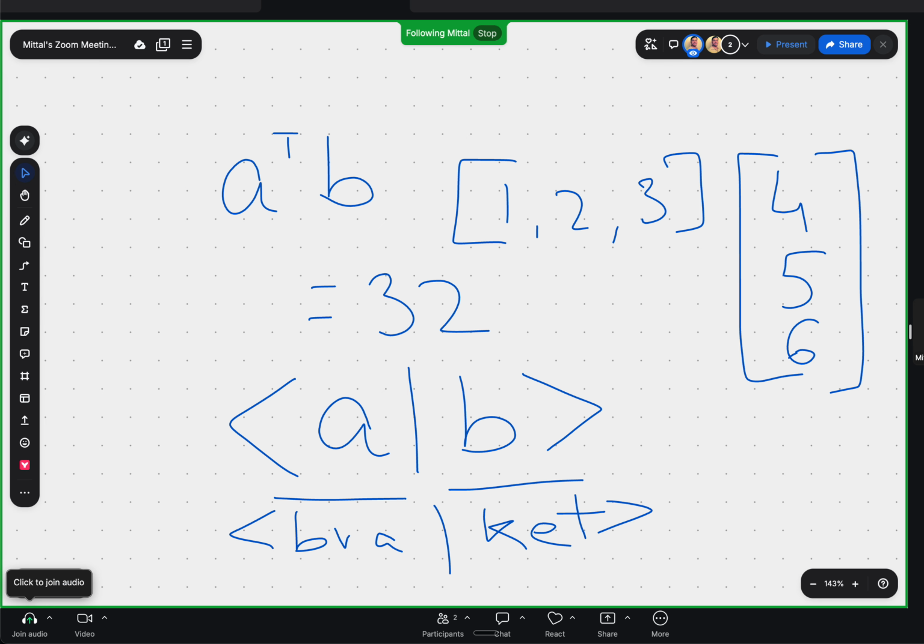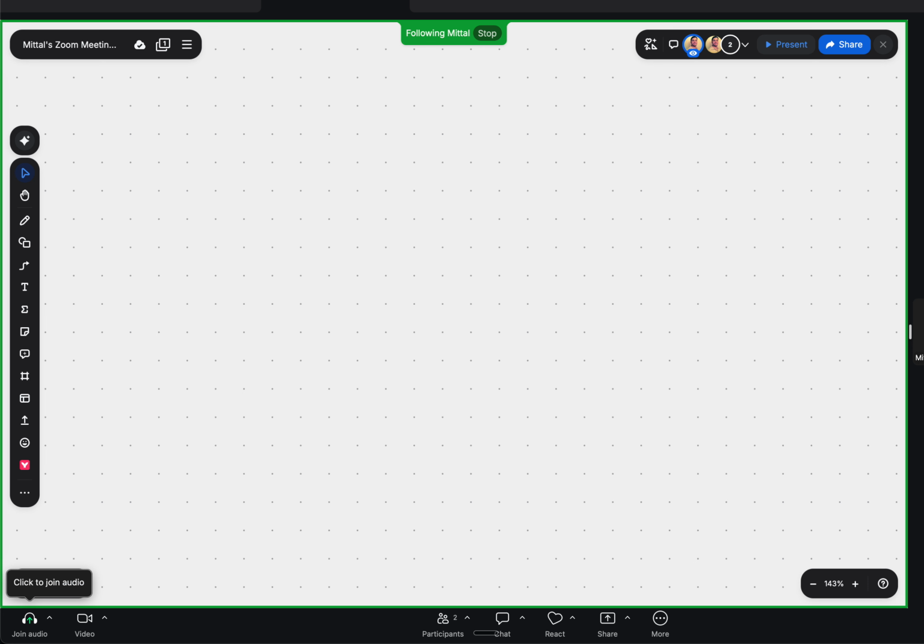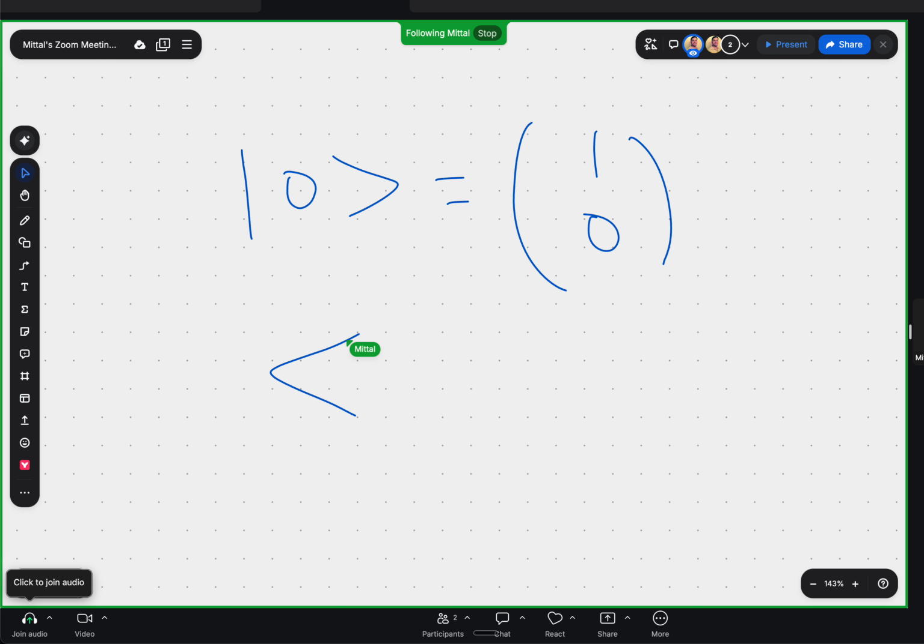So let me clear this here. So like we said, this 0 here, this is the column vector 1, 0. If this was in the bra portion like this, this would effectively be the row vector 1, 0, like that.